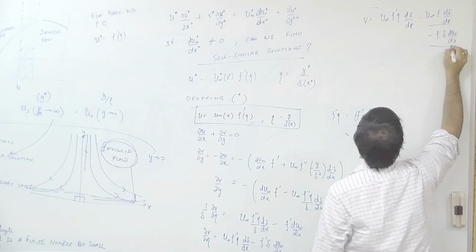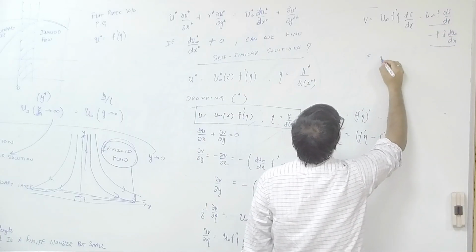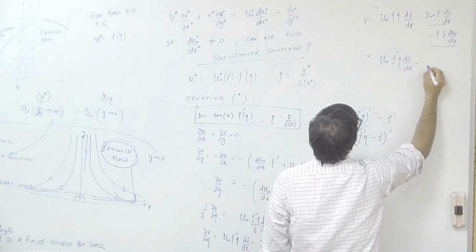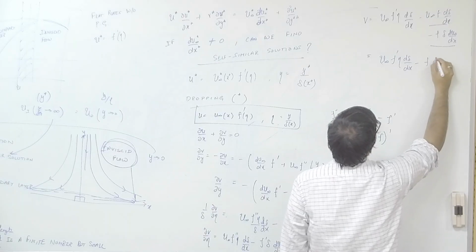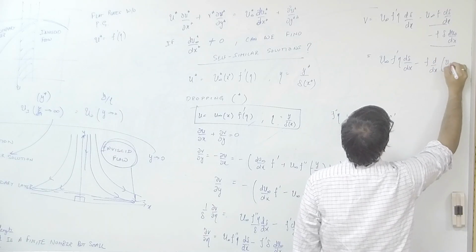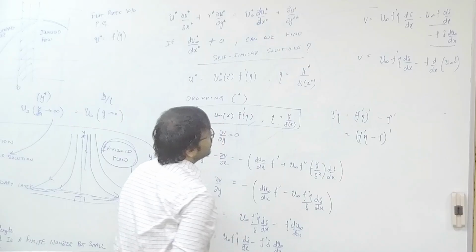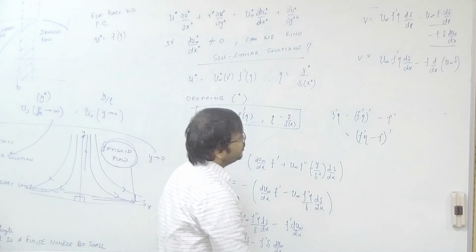We can combine these two terms to write this as u infinity f prime eta d delta over dx minus f d by dx of u infinity delta. So this is what we have for v.